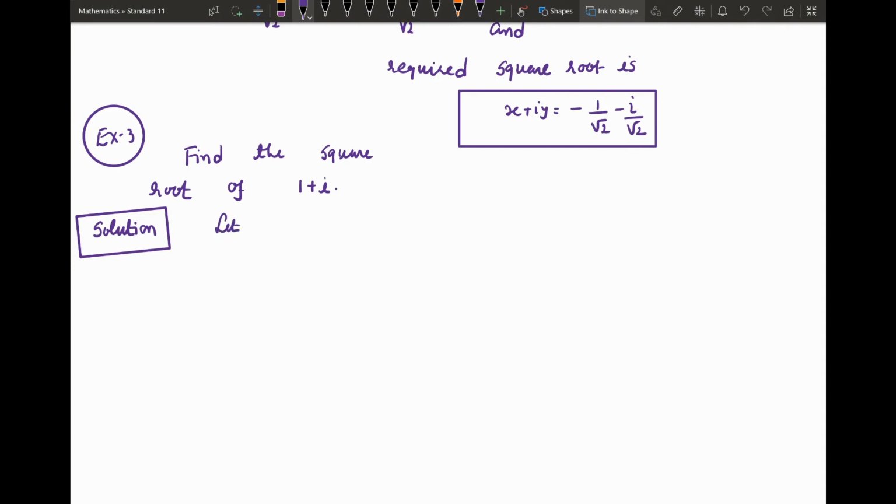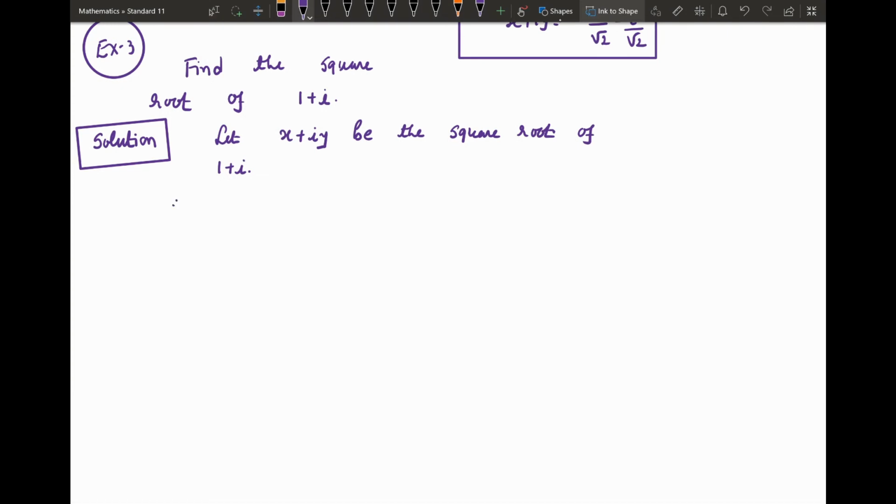Let x plus iy be the square root of 1 plus i. Therefore x plus iy equal to under root 1 plus i. We have supposed x plus iy be the square root of 1 plus i.